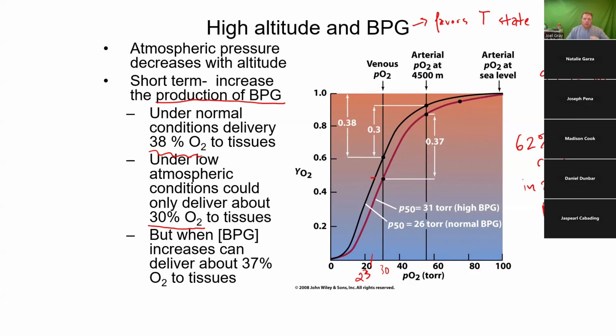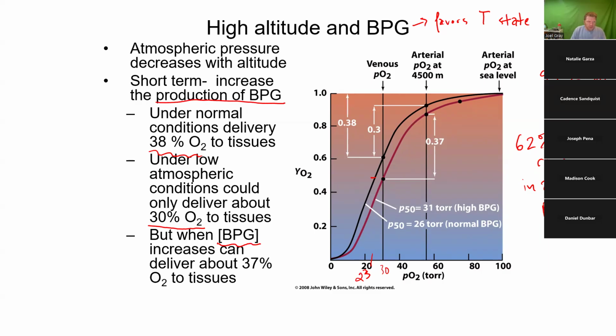Okay. Now, what causes a little bit of a shift is that bisphosphoglycerate gets produced by your body in response to this lower amount of oxygen. And what will happen is hemoglobin in the presence of bisphosphoglycerate will bind less O2, but it will ultimately drop off more O2.